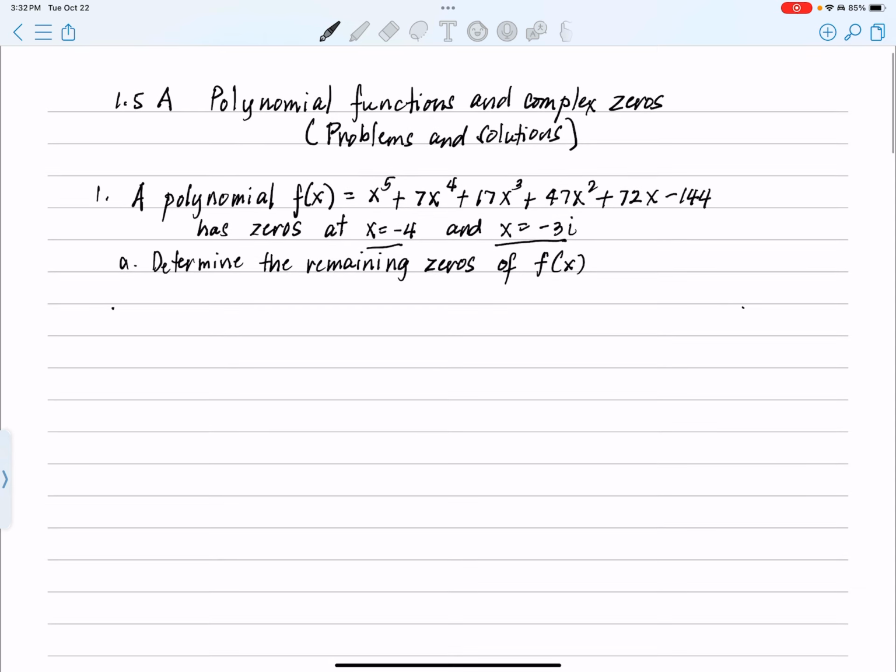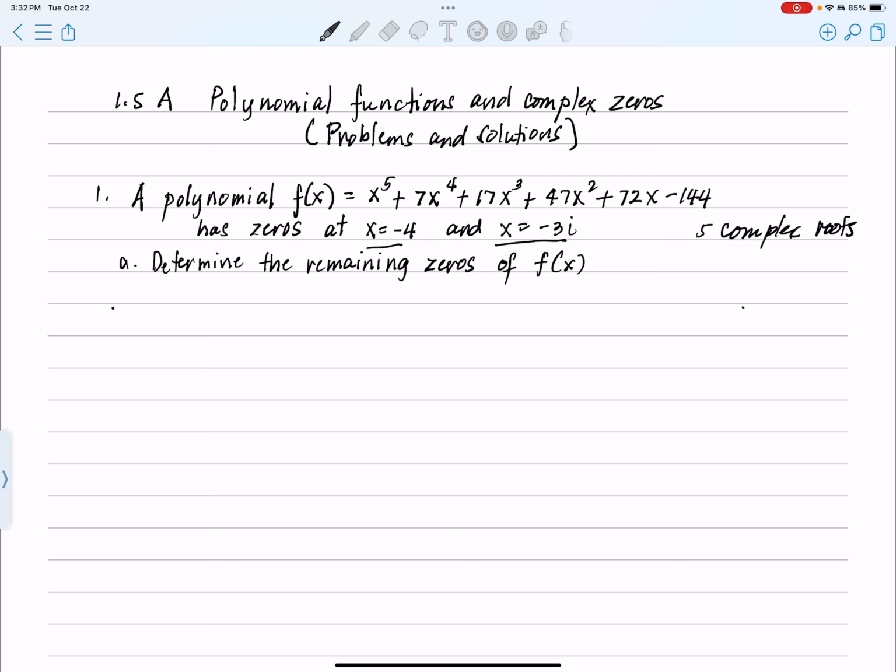By the fundamental theorem of algebra, if you remember, this function has 5 complex roots. You know what complex roots consist of? Real and non-real roots.